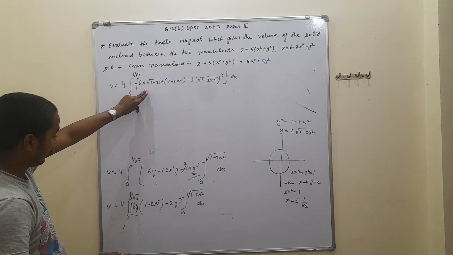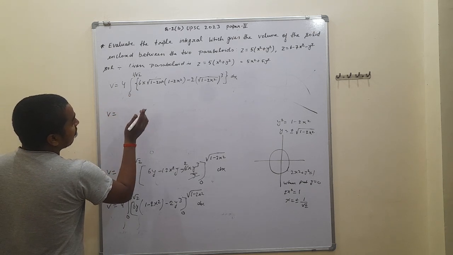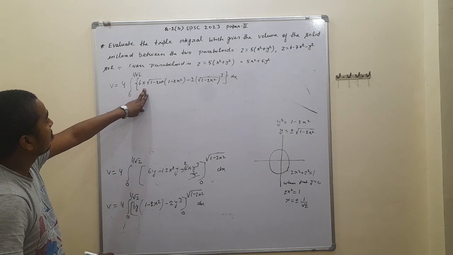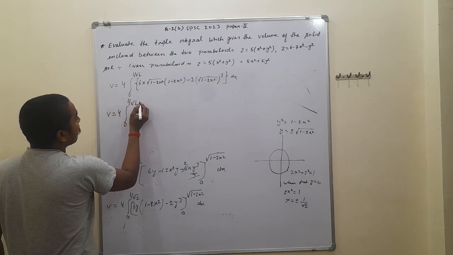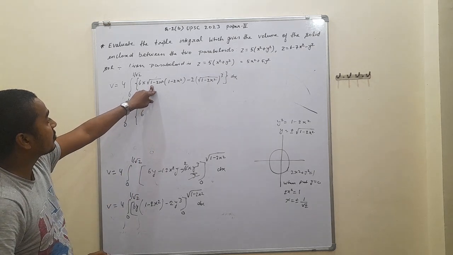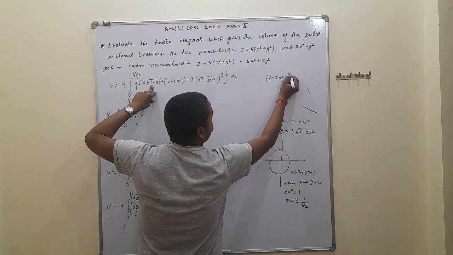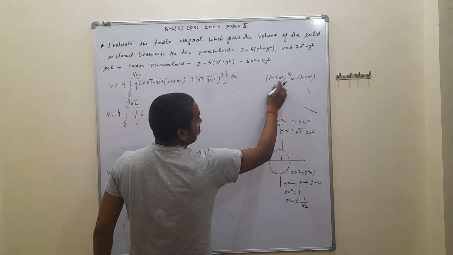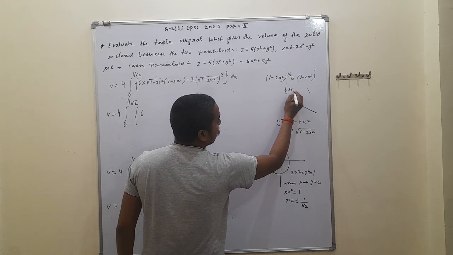Further we have to solve, taking 6y common once again, that is volume is equal to 4 integration of 0 to 1 by root 2, and 6 under root of 1 minus 2x square, that is 1 minus 2x square to the power 1 by 2 into 1 minus 2x square, that is written as the base are same and power is add, that is 1 by 2 plus 1, that is 3 by 2.